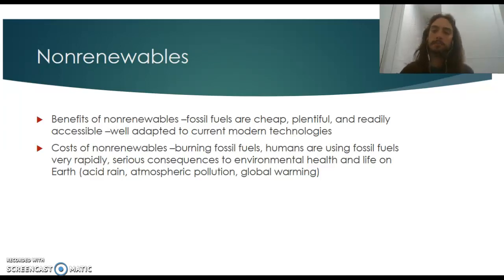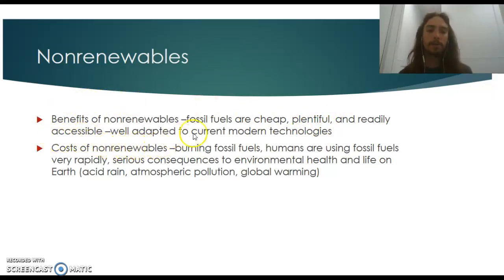There's a lot of pushback from industries that are concerned with change because they're like, well, it's going to cost me money to switch from a fossil fuel generator to a DC to AC generator for solar panels. It's all about the money. That's really all that it's about. So fossil fuels are cheap. That's the number one. Plentiful, so they're not gone yet, and they're readily accessible. So that's what makes them so cheap.